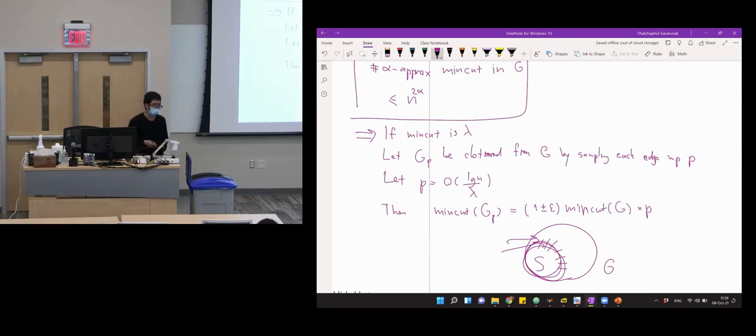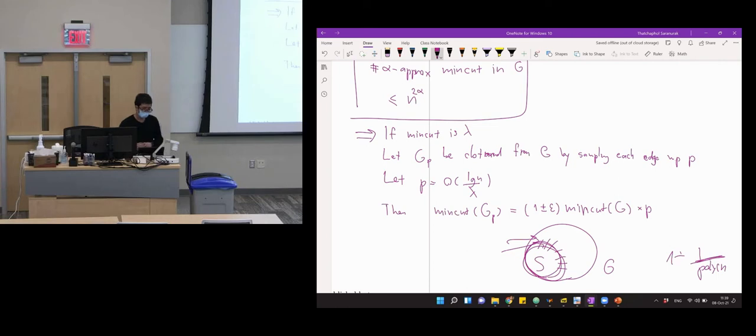I need the expectation to be log n, and things would hold with high probability, which means with probability 1 minus 1 over poly n.